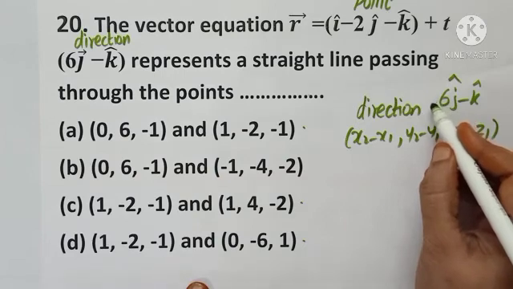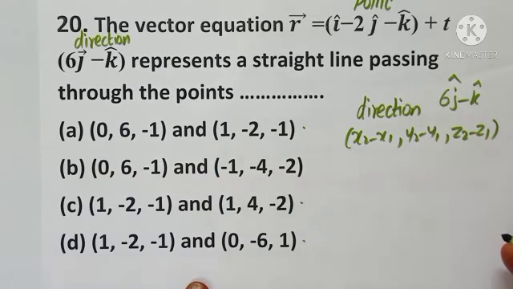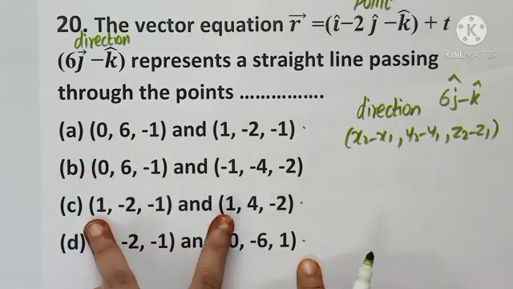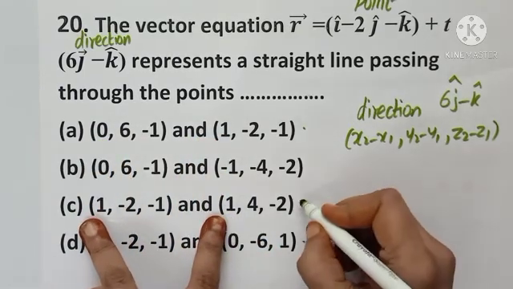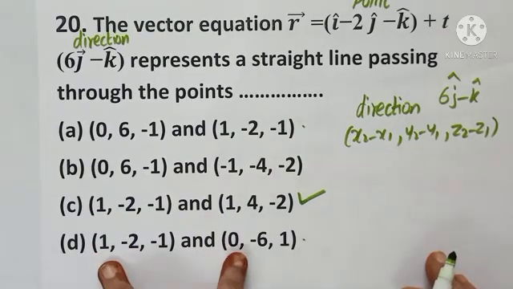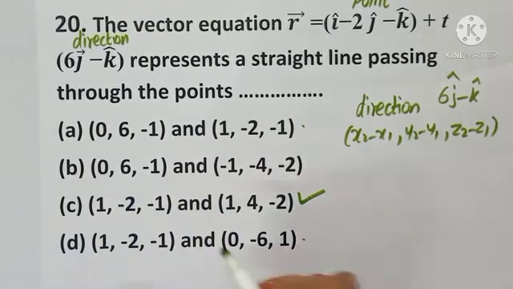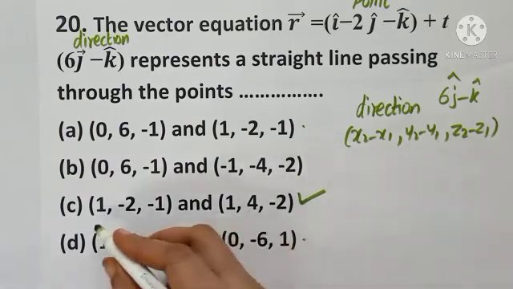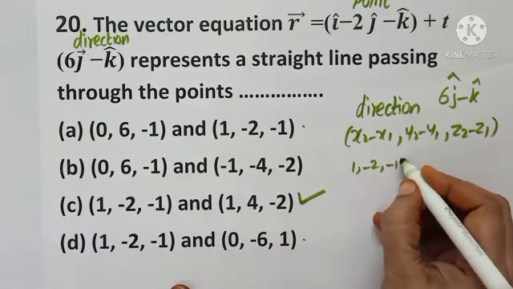There is no i component. So in the points, the i and i must be same. I have 3 options, but here i and i are not same. Here i and i are same, so this is the correct option. Here also i and i is not same. Now check whether it is coming correctly. I have 1, minus 2, minus 1.